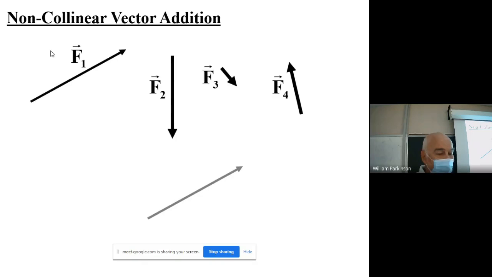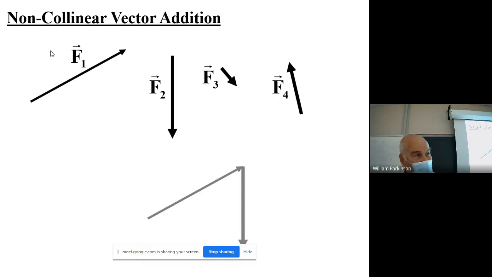It doesn't matter which order you do them in, but my animation is going to do F2 next. Now, if only F1 and F2 were acting, I could find F net simply by connecting F1 tail to F2 tip. And that would be the direction of F net from F1 and F2.